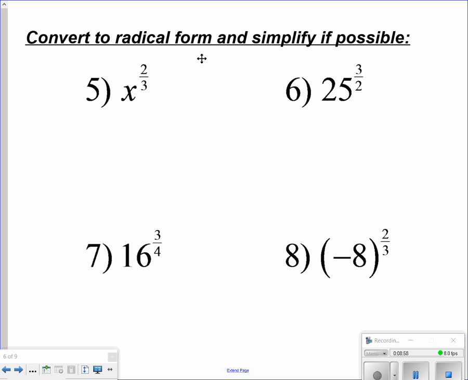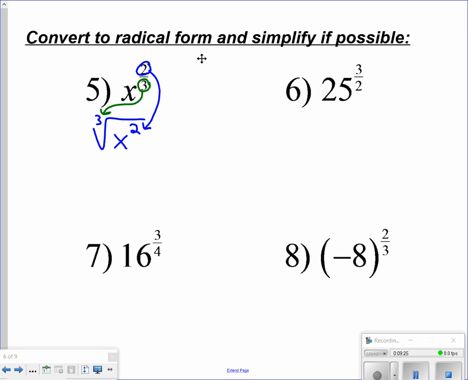X to the 2/3 power is the same thing, and I'm going to choose to rewrite this in that first form. You could really rewrite it either way. They're the same thing in the end, as the cube root of x squared. Again, this top of it there becomes my exponent inside the radical. The denominator becomes the index.